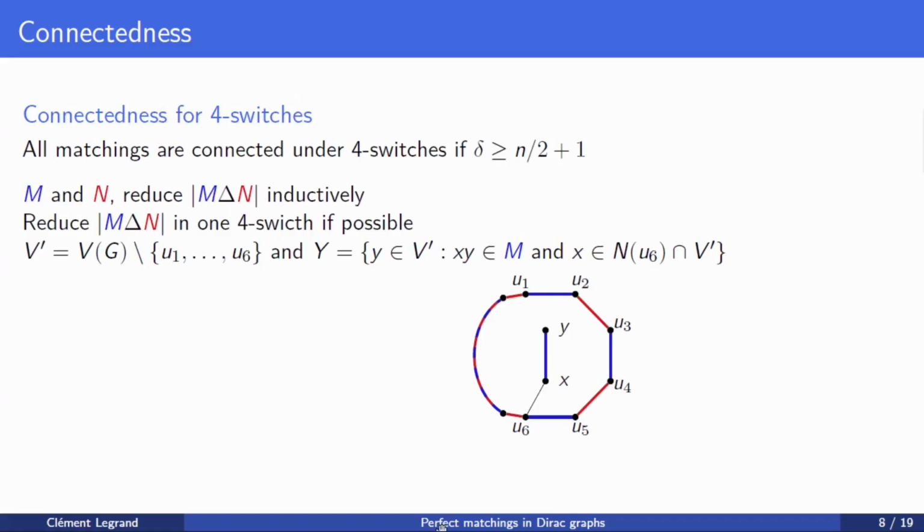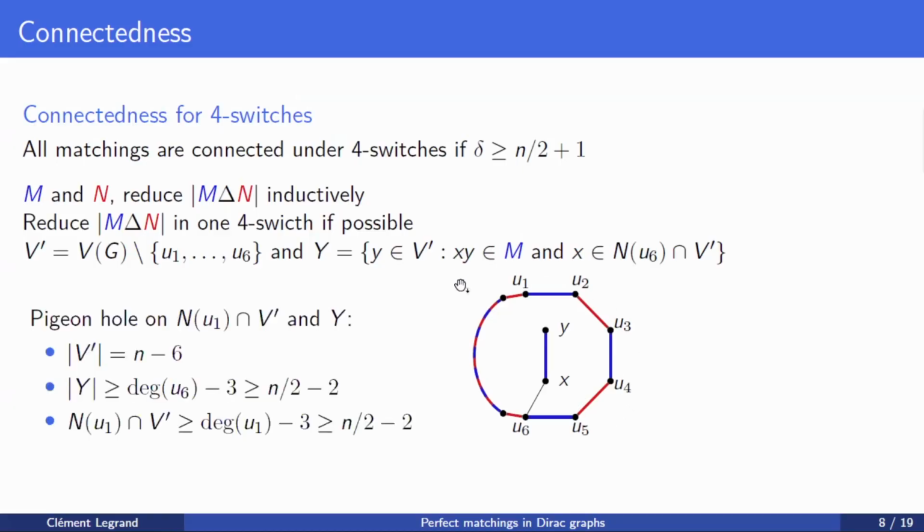So let V prime be all the vertices but those 6 vertices here. Let Y be all the vertices in V prime that are matched to a neighbor of U6. Because U6 is not adjacent to U1 and it's not adjacent to U3, it might be adjacent to U2, U4, U5.